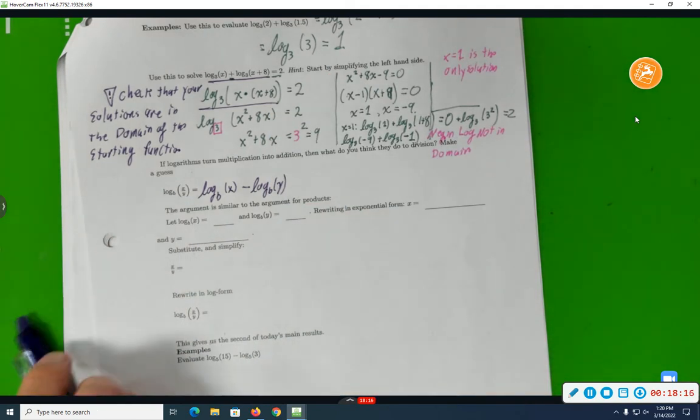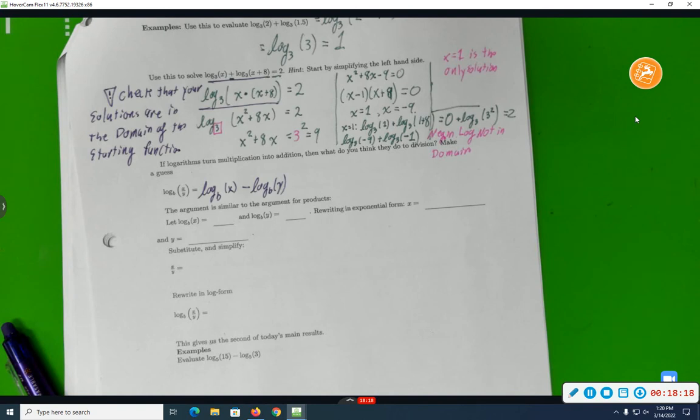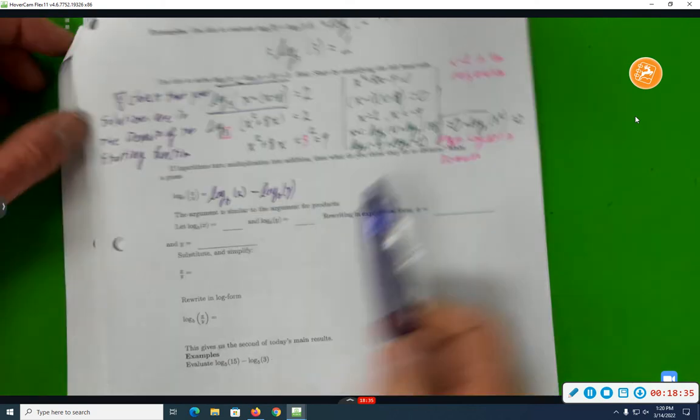So there's the second rule. I'll write it down straight away. And I guess it should go on the front page too, for the sake of having notes that are complete.